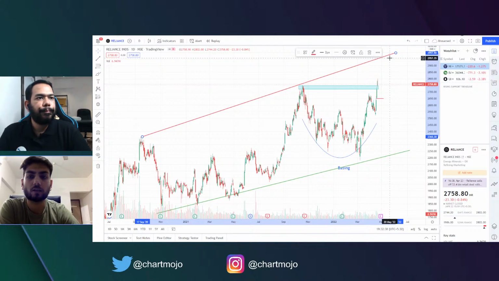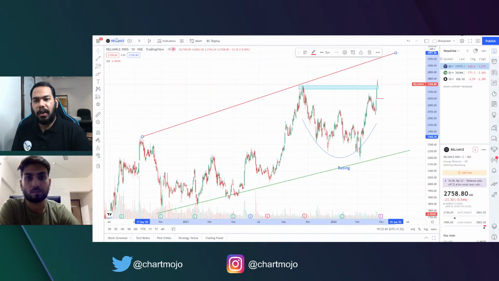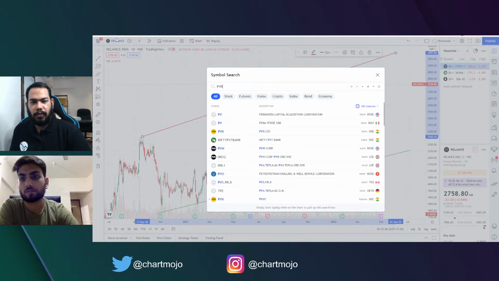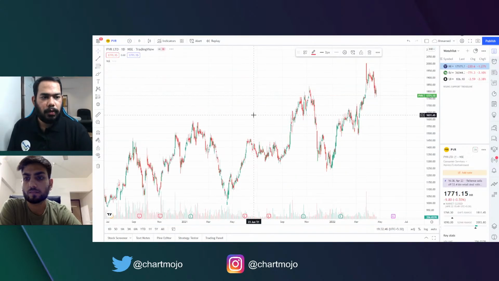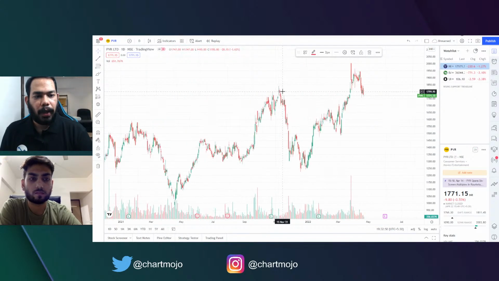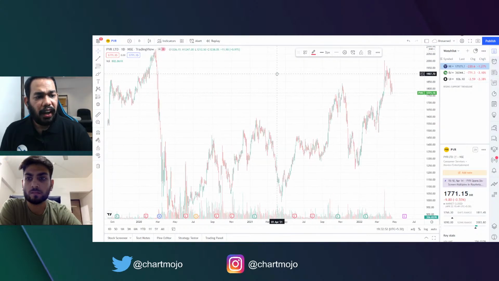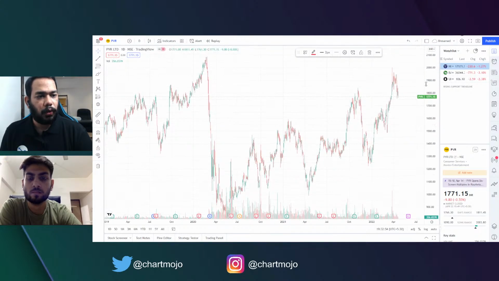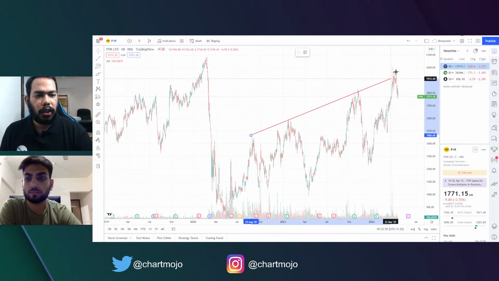The next stock is PVR. Yes, see, right now, if you can see the PVR chart structure, see this carefully. Just plot a line here.